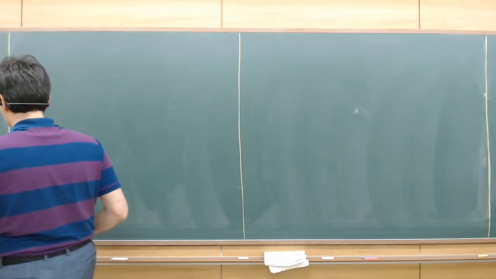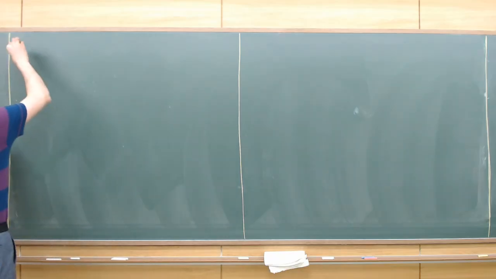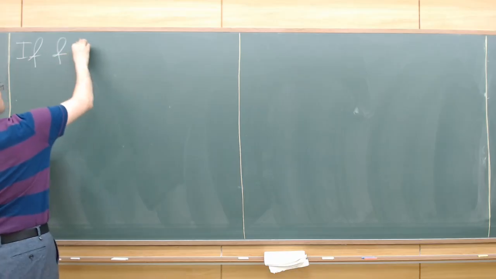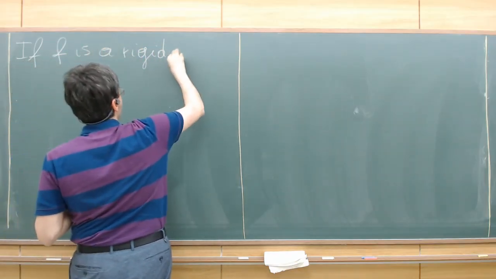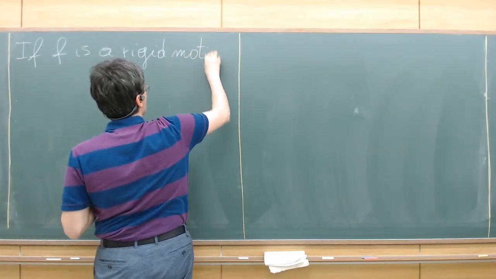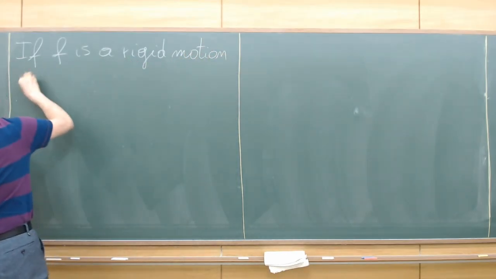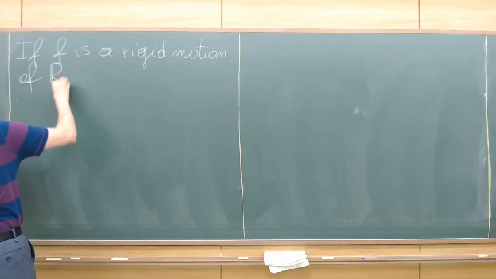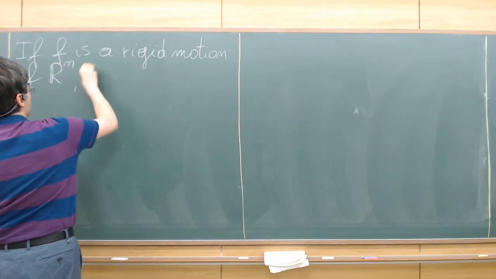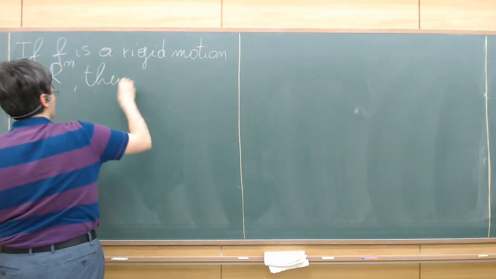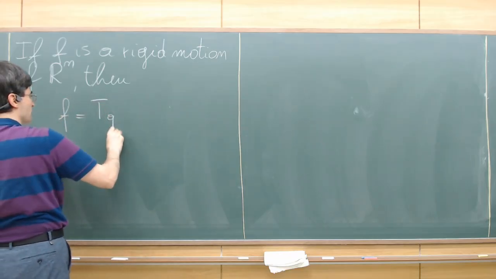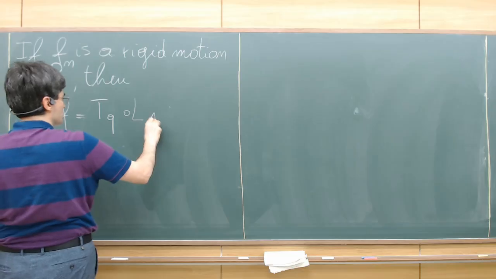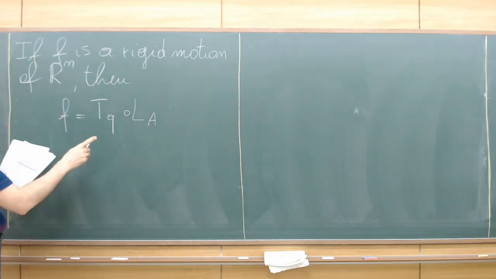So last time we proved that if F is a rigid motion over Rn, then F can be written as the composition of a translation and the linear map associated with an orthogonal matrix.